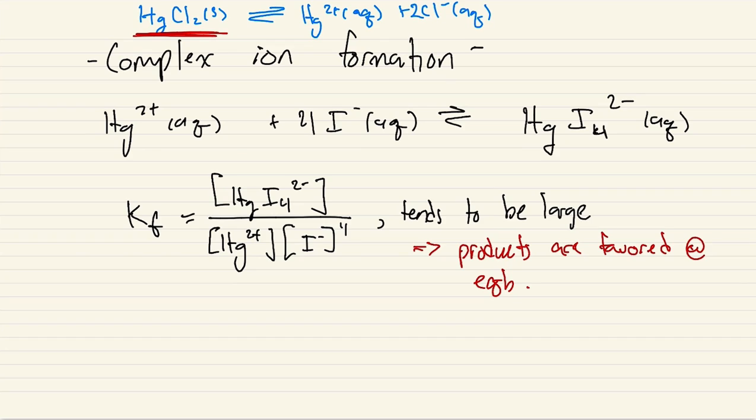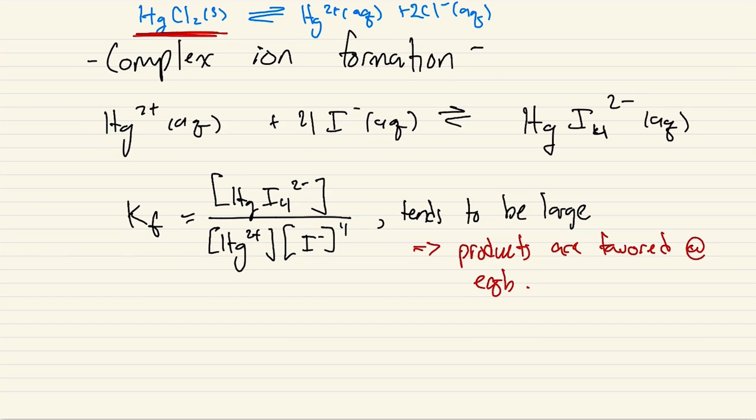So if you're decreasing the concentration of this product here, which way is this reaction up top going to shift? To the right, right? If you're decreasing the concentration of a product, the reaction is going to shift to counteract that change. It's going to start making more of this. So originally we have a solid, and let's say it's not very soluble in our solution. You have this other complex ion formation reaction going on.